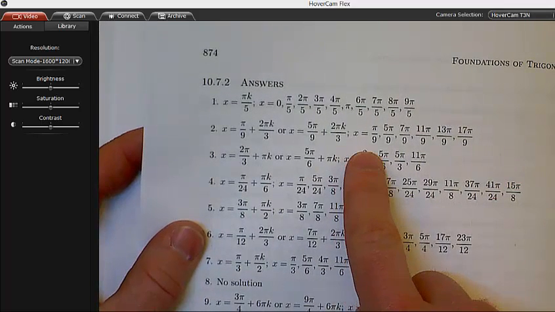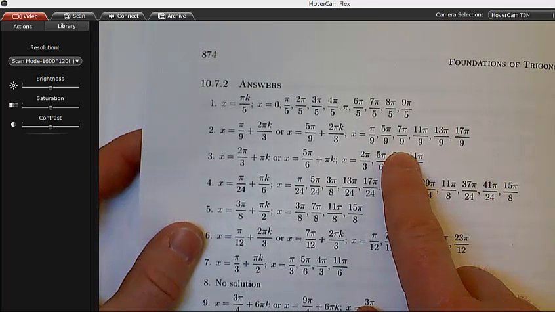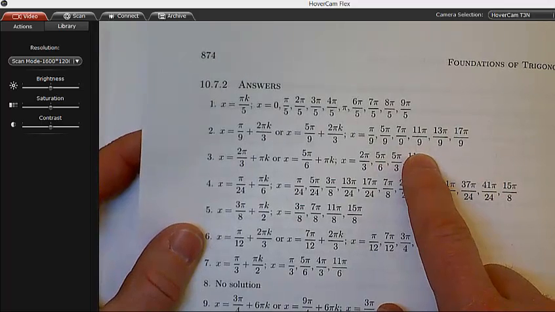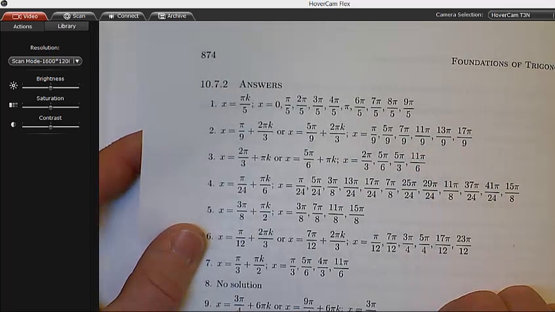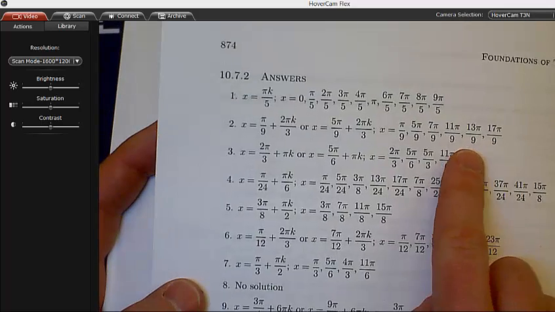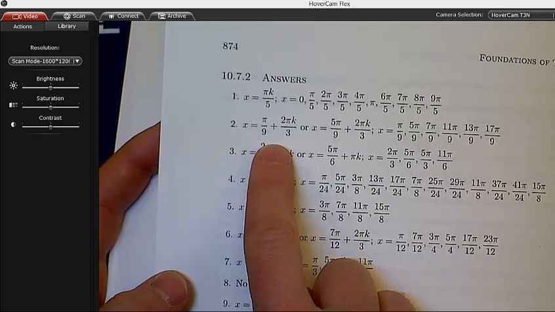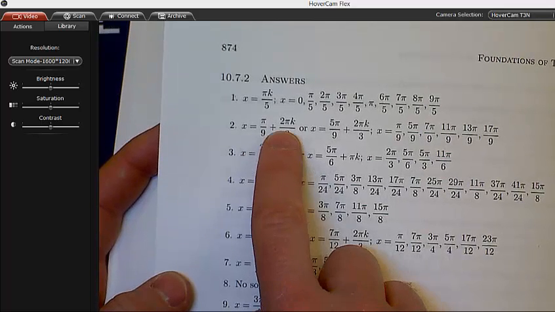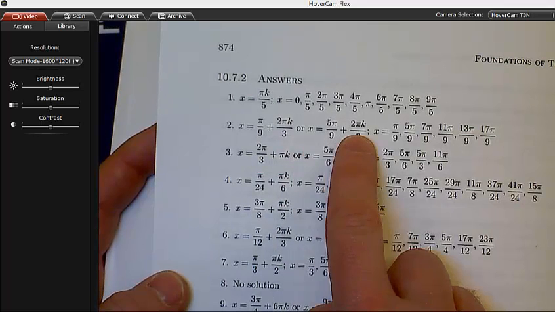So we have pi over 9, 5 pi over 9, 7 pi over 9, 11 pi over 9, right? And he keeps going and found 2 more that we didn't find yet. But I also like the way that he writes this solution. X equals pi over 9 plus 2 pi k over 3, or 5 pi over 9 plus 2 pi k over 3.